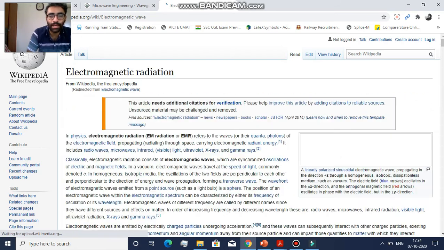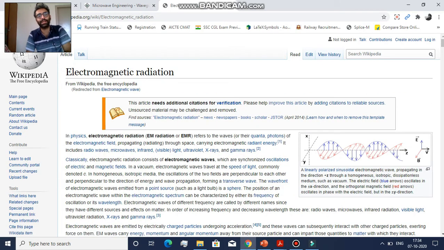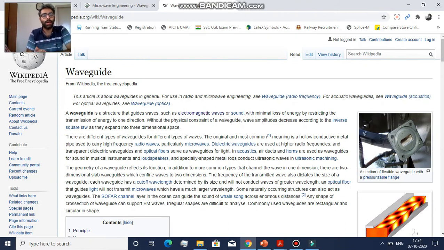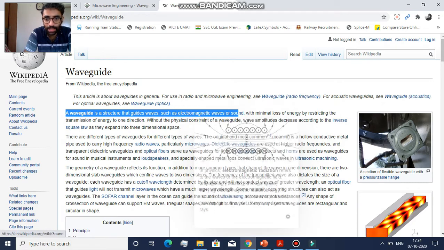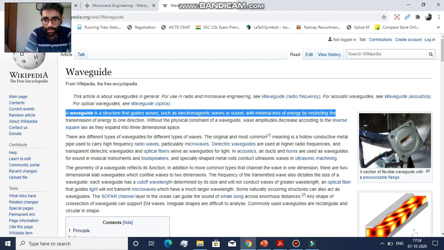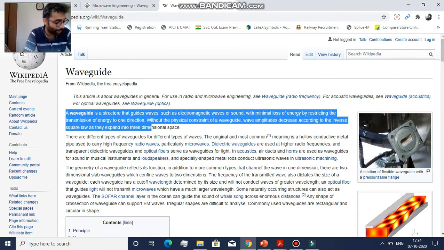You go to Wikipedia, or you can go to Google and write waveguide, and most probably the first link that you will get would be of Wikipedia. So waveguide, as per the definition of Wikipedia, is defined like this: a waveguide is a structure that guides waves such as electromagnetic waves or sound with minimal loss of energy by restricting the transmission of energy in one direction.